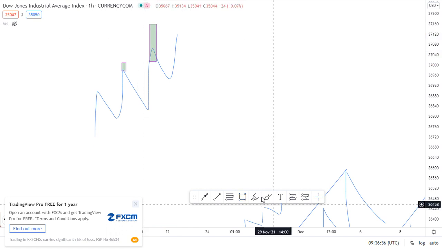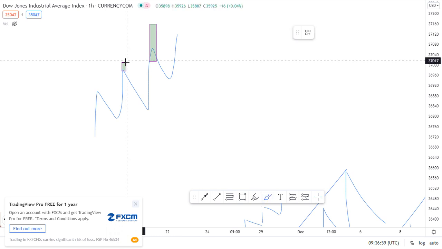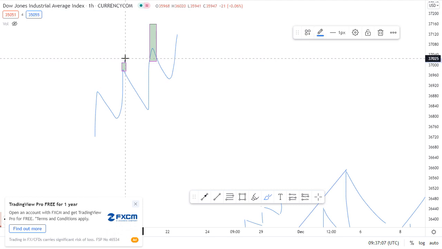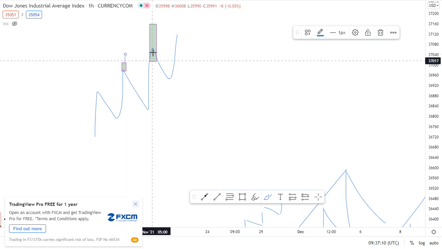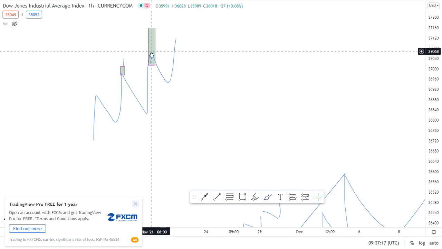What do we mean when we say market structure break on body? Yes, a wick. There will be a wick.